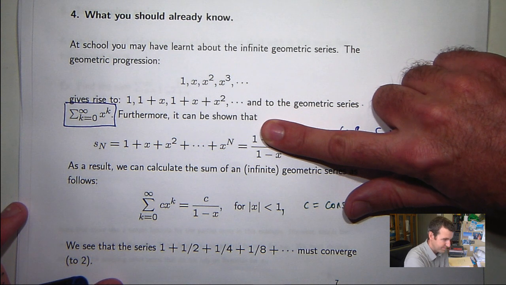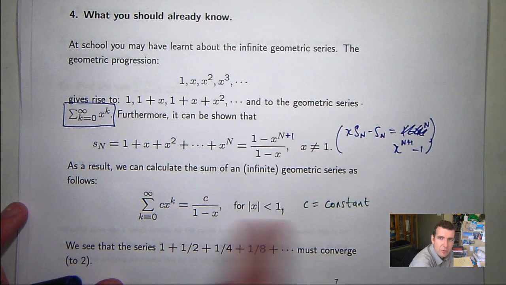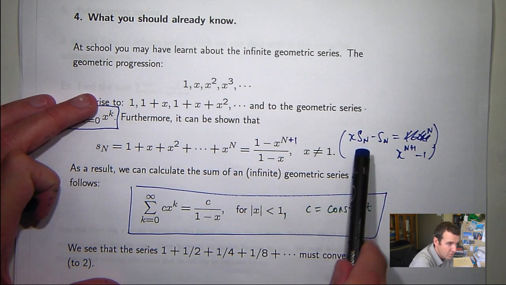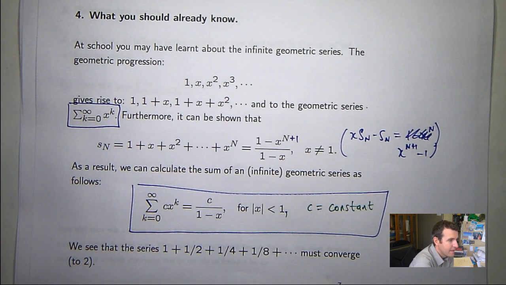Now, a very important fact that you would have learned at school is the following formula for a geometric series. The geometric series has the following sum for all absolute x values strictly less than 1.